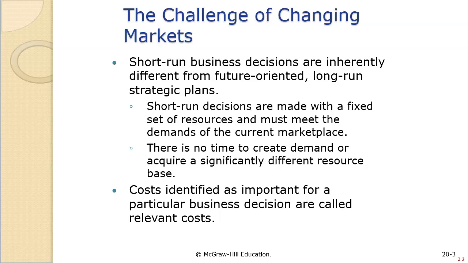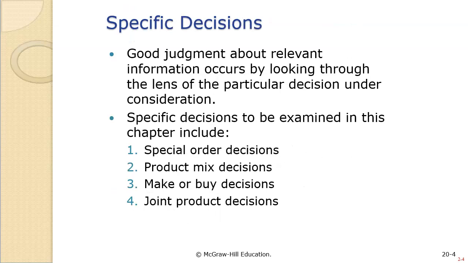Most commonly, you want to invest in capital, like inventory, a piece of equipment, or another type of asset. What relevant costs do you need to consider when buying into that investment? That's what we're talking about with relevant costs.